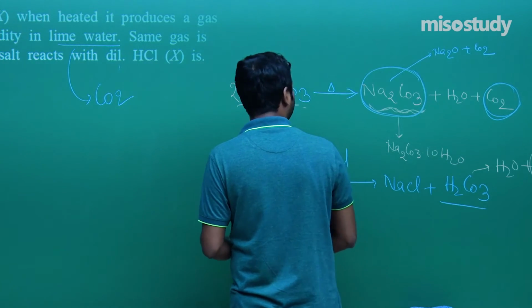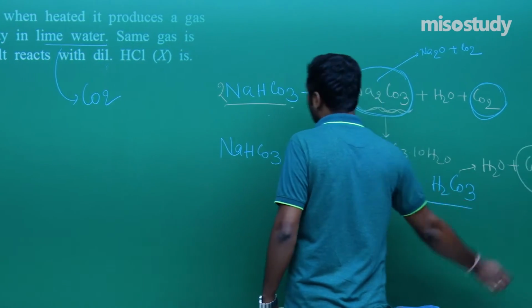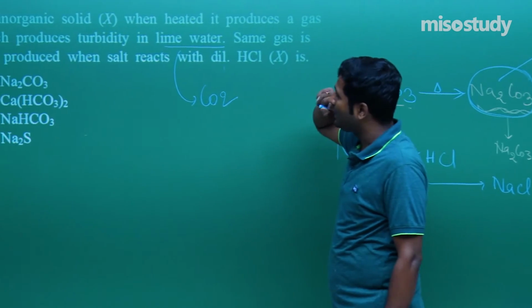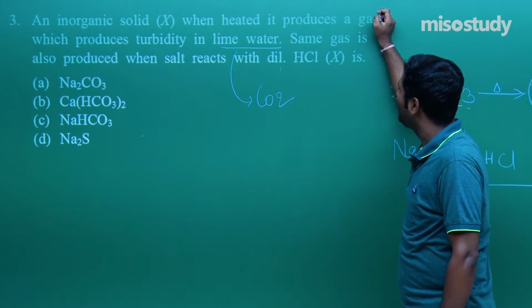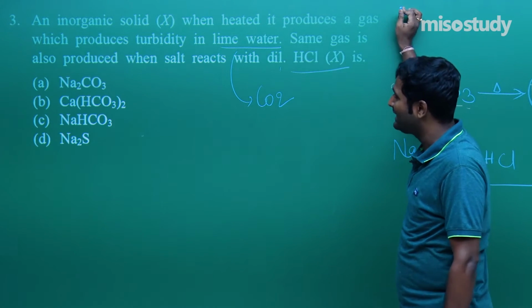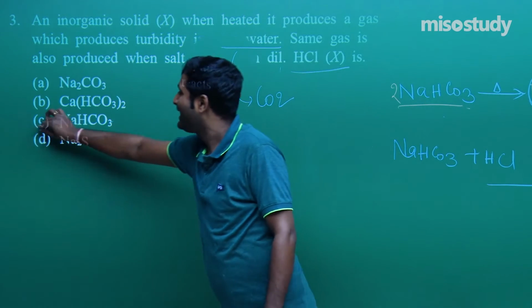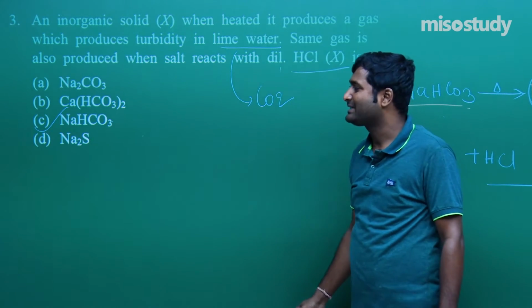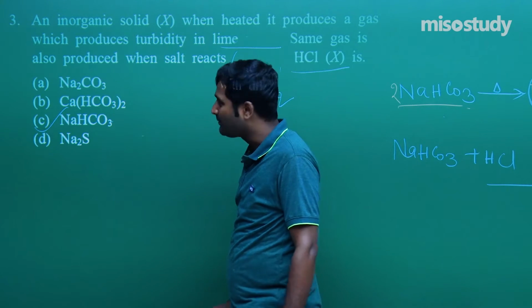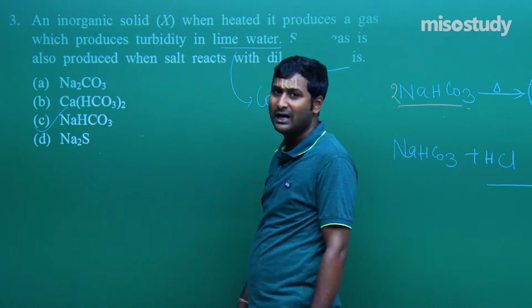Look, in both cases the gas is CO2. So the same gas is also produced when the salt reacts with dilute HCl. So we can say that it is C, NaHCO3, not the carbonate, not the bicarbonate of an alkali metal, and not the sulfide.